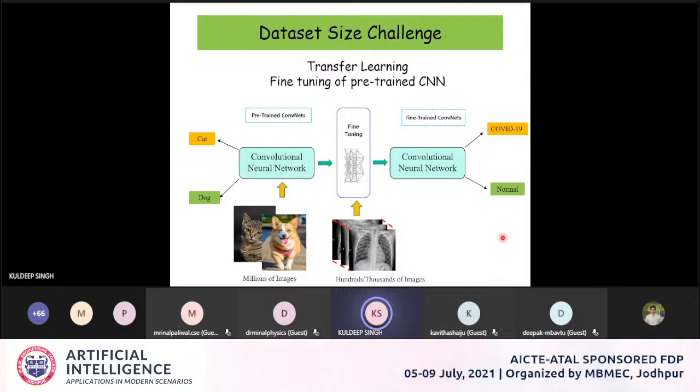How does it happen? The term itself says transfer learning. So we are transferring the learning of one domain to another domain. Since we don't have an ample amount of training images of the medical modality, what we can do is take a pre-trained convolutional neural network on another domain where we have an abundance of images available.